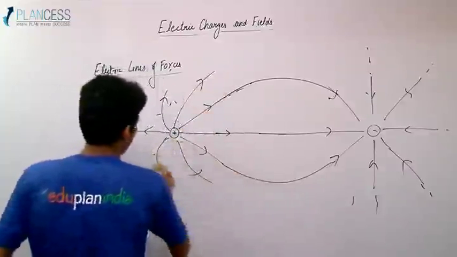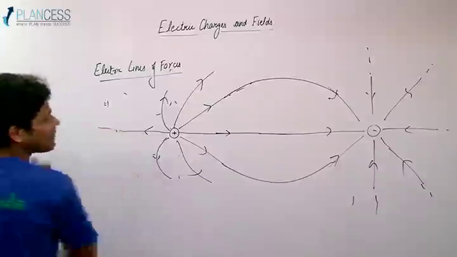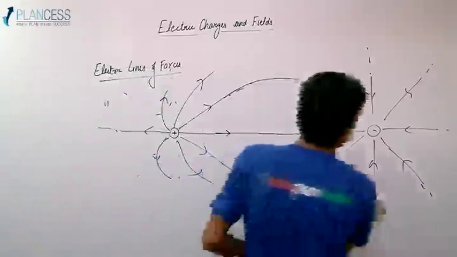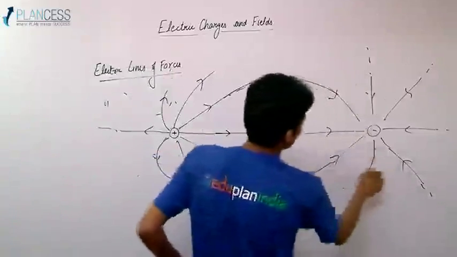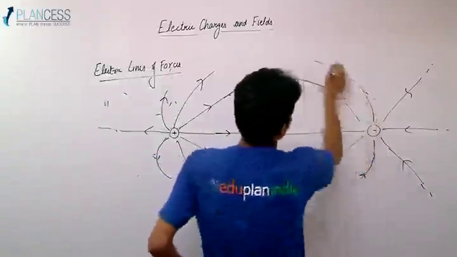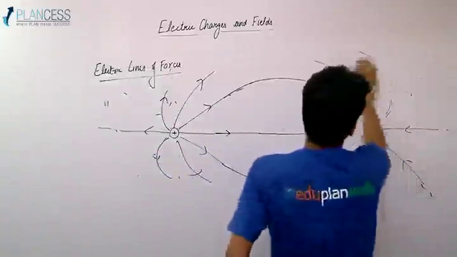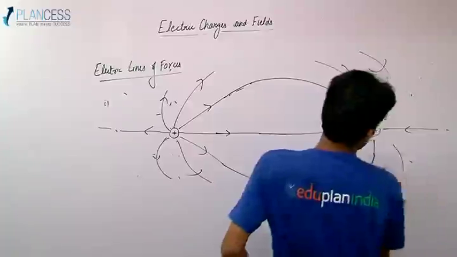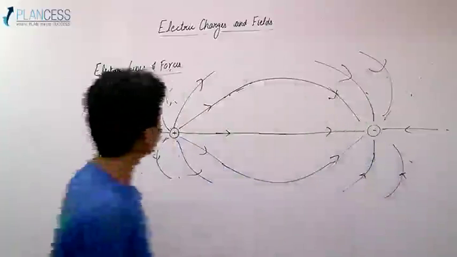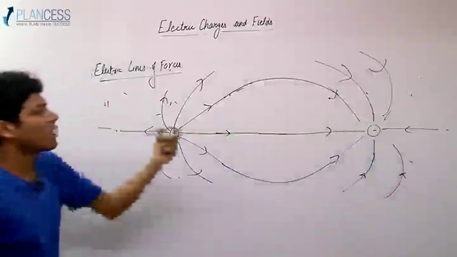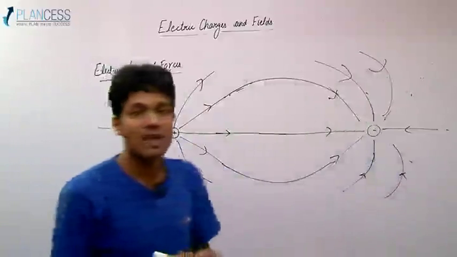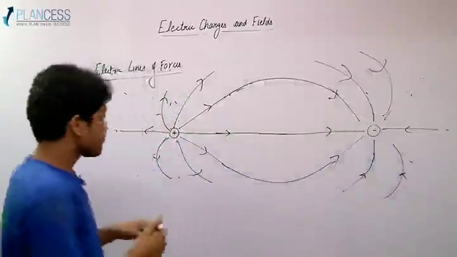This one also gets bent. But here the line remains like this, and similarly here this line gets bent like this. This line gets bent like this. This gets bent like this. So these are the electric lines of forces when a positive and a negative charge are kept together.